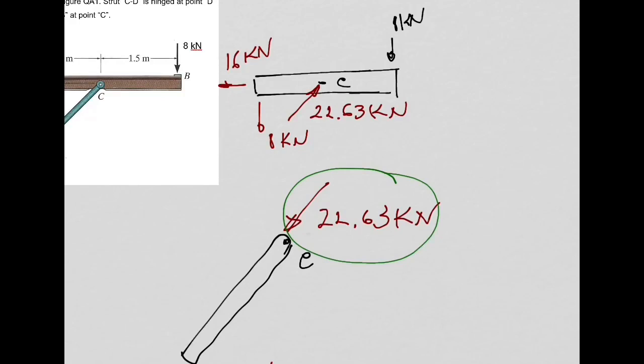If you look at these two forces very carefully, these ones I have here in green, inside these green circles, they are the same force, but they are opposite in direction, right? Because this one in the strut is the action of the beam into the strut, and the other one in the beam is the reaction of the strut on the beam, with the same force, but in the opposite direction.